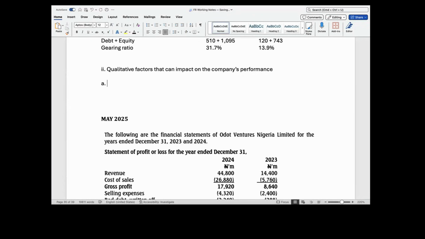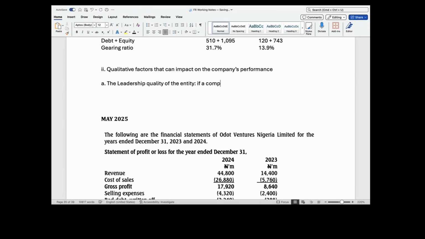So we can look at the management or the leadership quality of the entity.